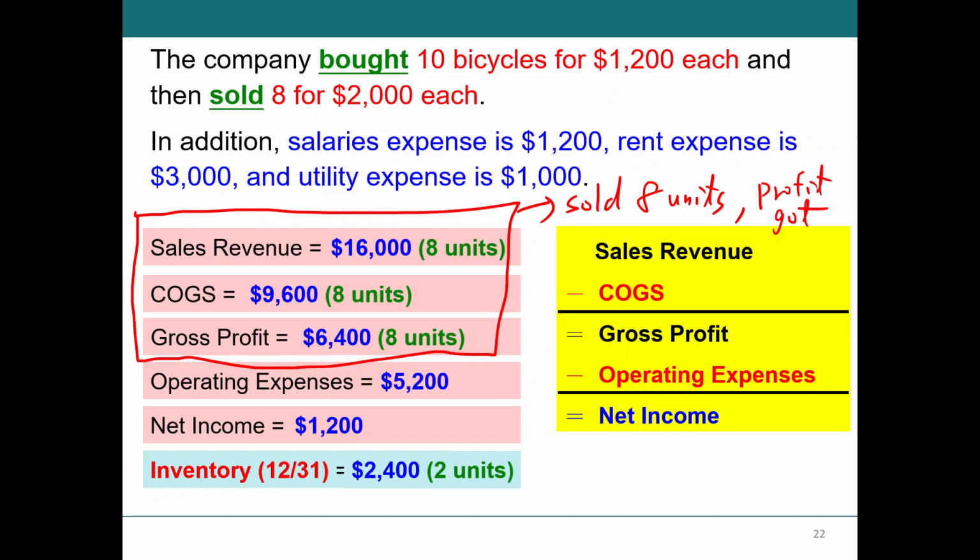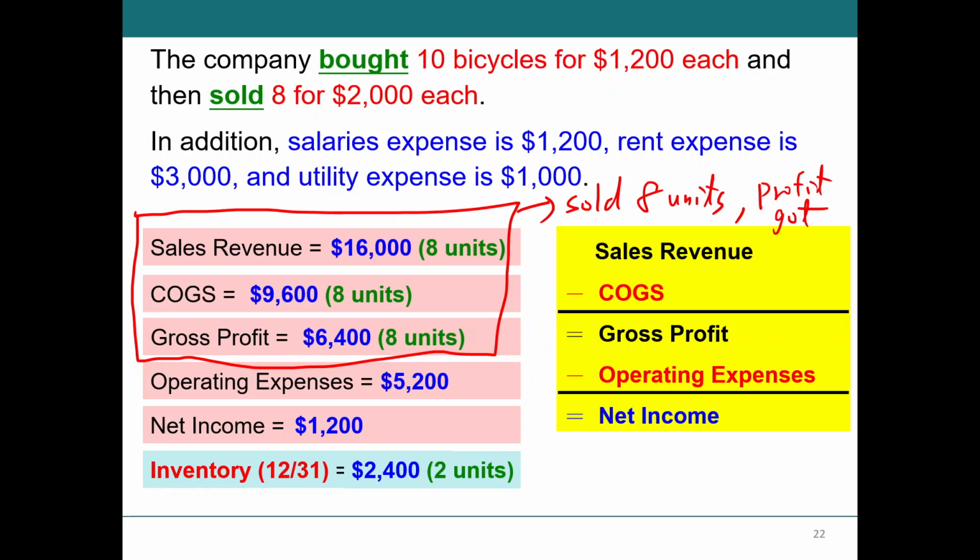And don't forget, after the first expense, cost of goods sold, we still have a second expense, right? Because you had to pay the rent, the salaries, the water, the electricity. So after that, we have to consider the second expense, operating expenses, including rent, salaries, interest, utilities.